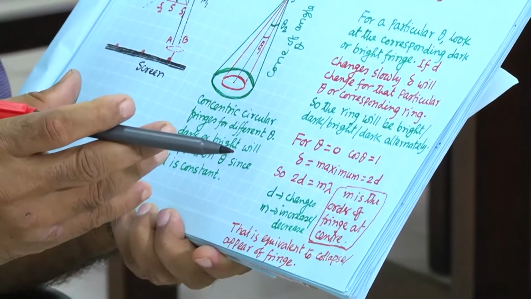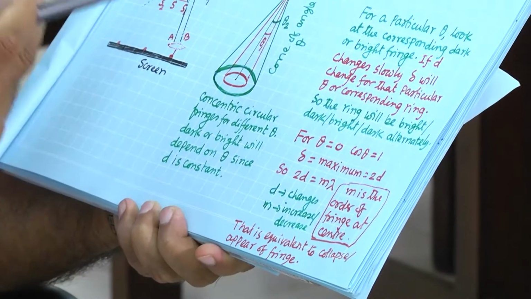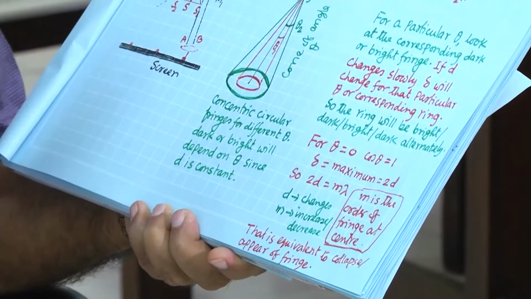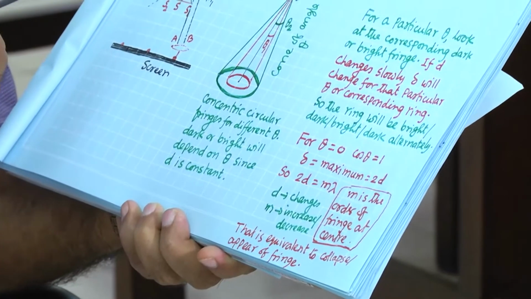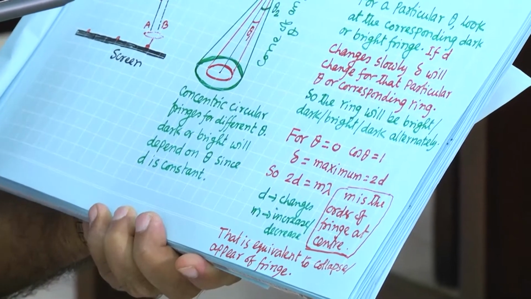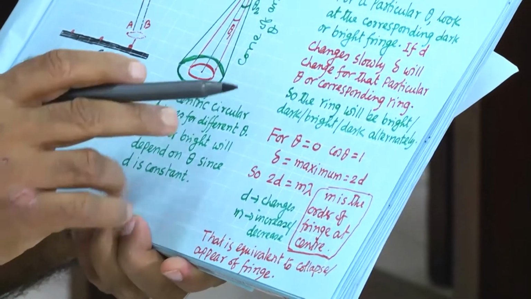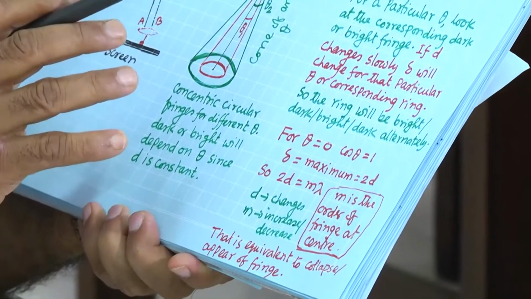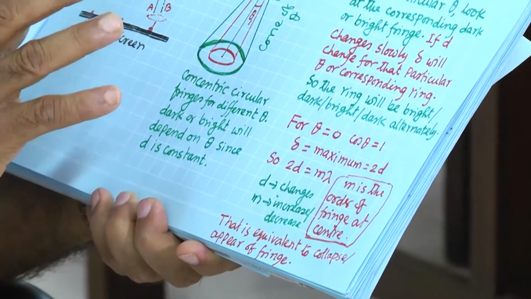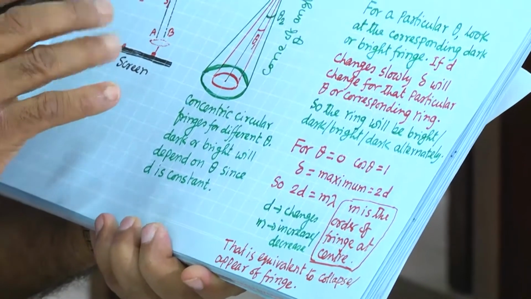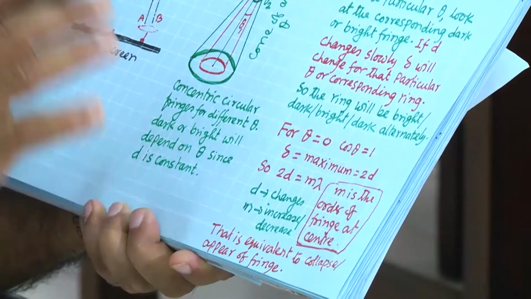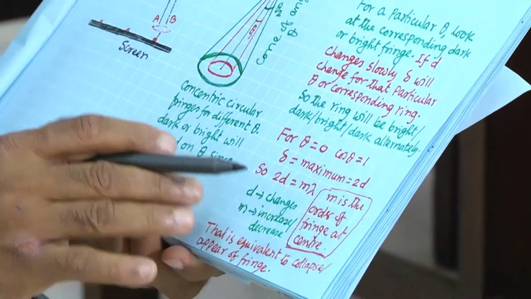We will see the appearing or collapsing of the fringe when we change the d, right. That is for a particular order, a particular fringe. So, we will consider the central fringe, where the order is the maximum, okay.